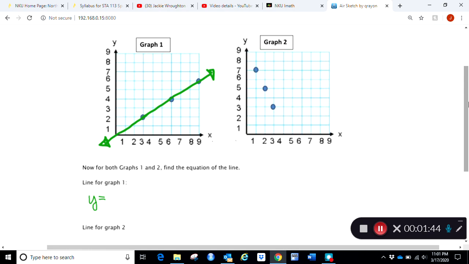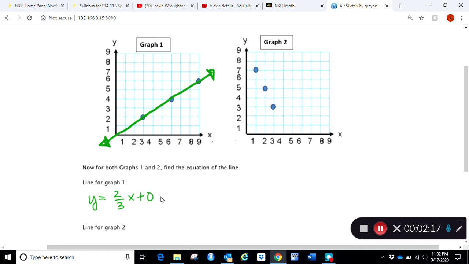For this one, the intercept would have actually just been 0, and your slope hopefully should have been 2/3, because you would go up 2 for every 3 that you went over. Up 2 over 3, up 2 over 3 to get that equation. Now, even though you don't really need that plus 0, it's just a little reminder of what that intercept technically would be for that equation.